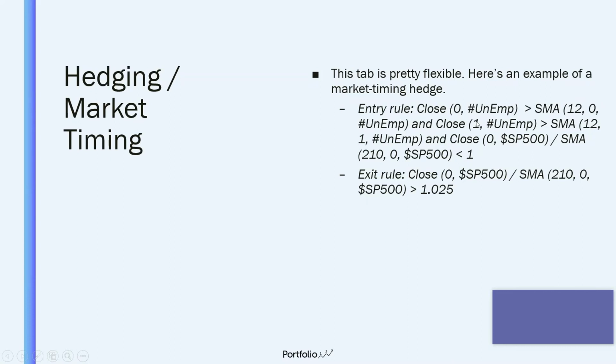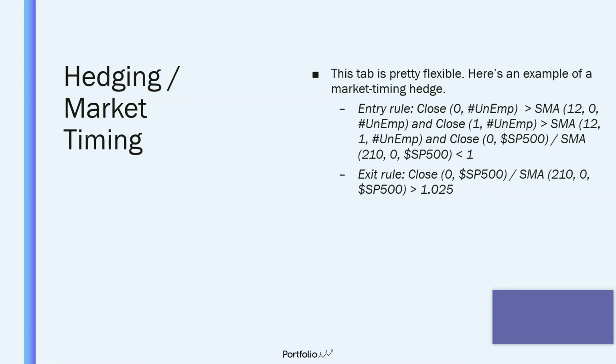And if that was true last month as well, close one unemployment is greater than SMA 12, one unemployment. And the S&P 500 closed under its 10-month simple moving average, then go to hedge. And then the exit rule could be the S&P 500 has gone 2.5% over its simple moving average.